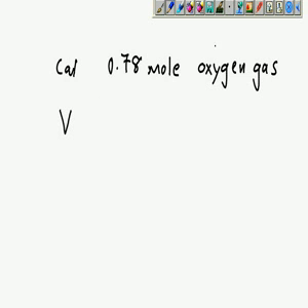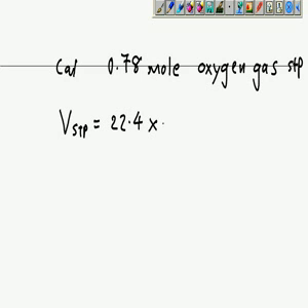At standard temperature and pressure, you just write this, and then you put forward 22.4 times 0.78, and your final answer should be 17.5 dm cube.